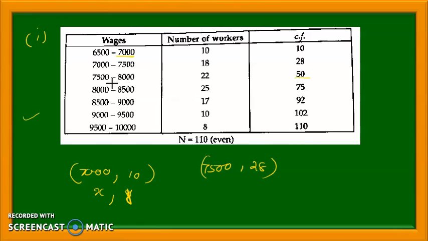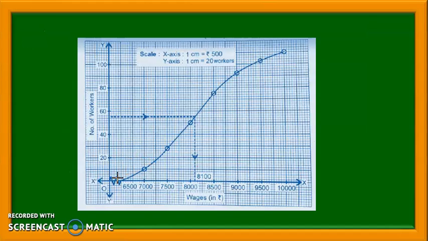Each upper limit with its corresponding cumulative frequency should be taken. After plotting all these points, we can join them freehand. It looks like this, correct? Here 7,000 and 10, then 28, and then it comes here and here.